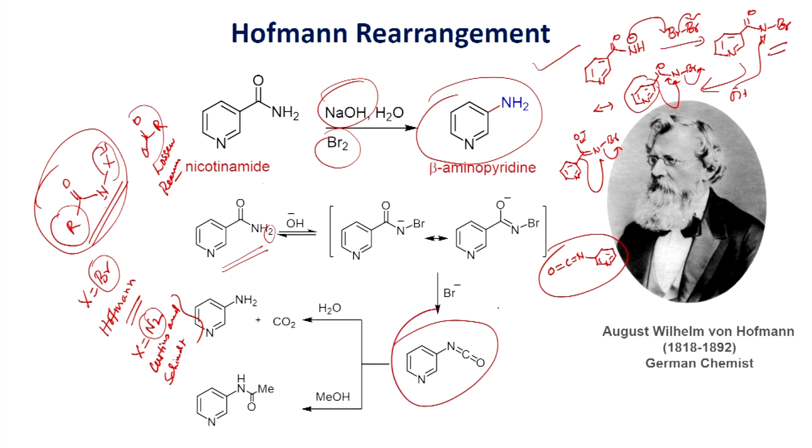Once you form the isocyanate, it can migrate here. Once you form this one, now if you have a nucleophile in the reaction medium, it can undergo an addition reaction.